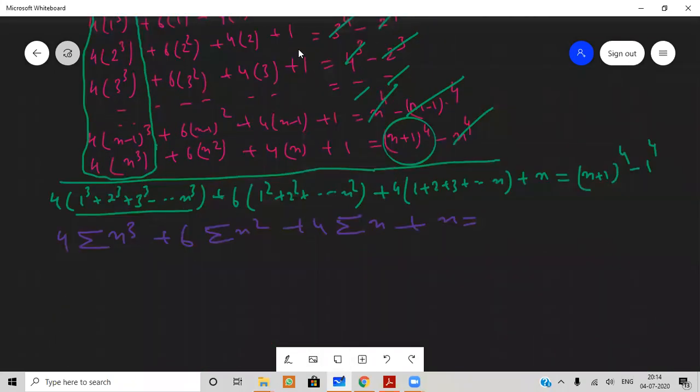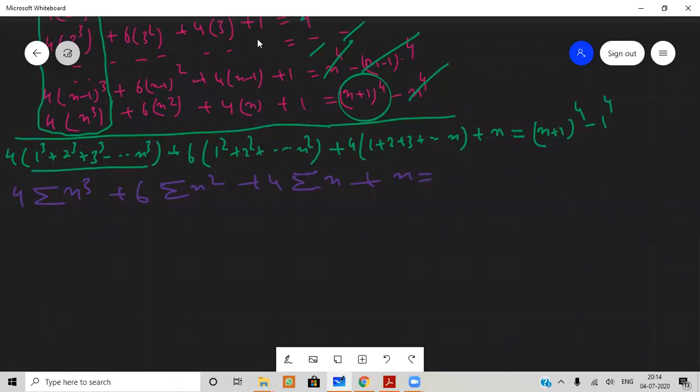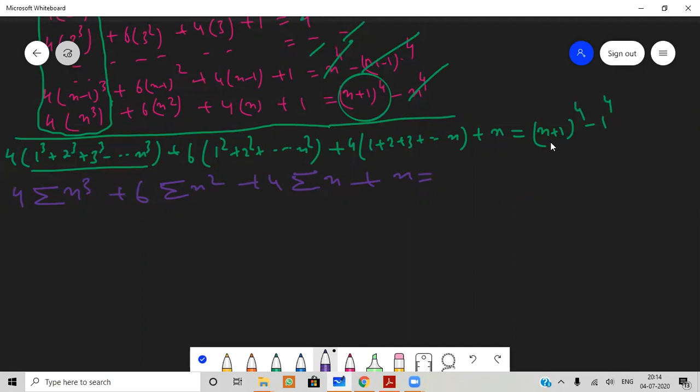k plus 1 square, or you calculate it once again. So this will be like n square plus 2n plus 1, n square of this minus 1.